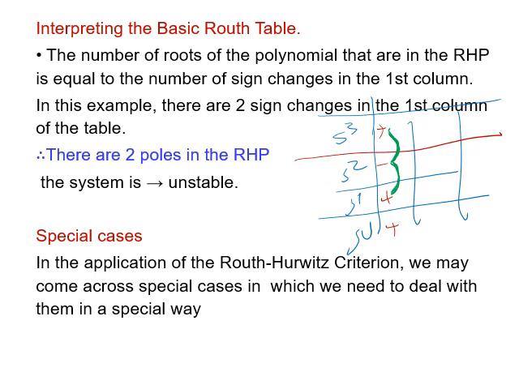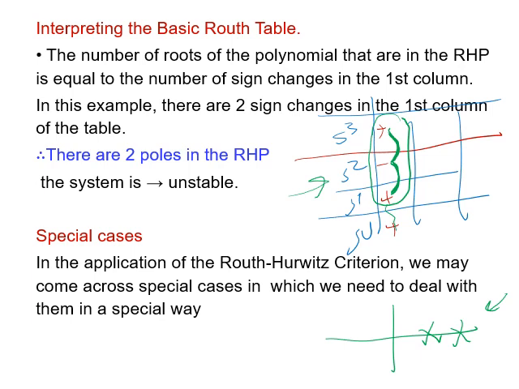So there are two changes in sign. Then after that, no changes, because positive to positive. So if we have two changes in sign, this is an indication of the number of poles located at the right hand side. That means there are 2 poles on the right hand side. As we agreed earlier, 1 pole on the right hand side is enough to make the system unstable. So this is an indication of a system not stable.